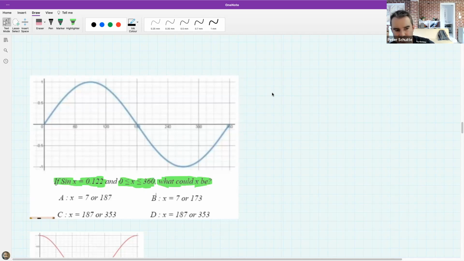So think about sine of x is the graph. This is the graph of that. Which of the 4 options?